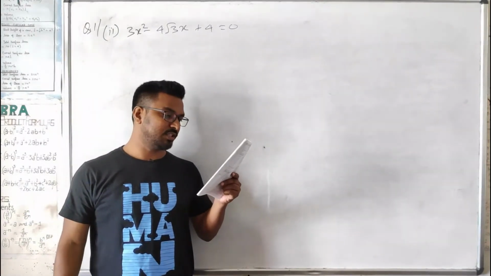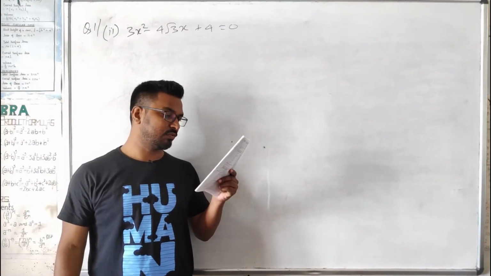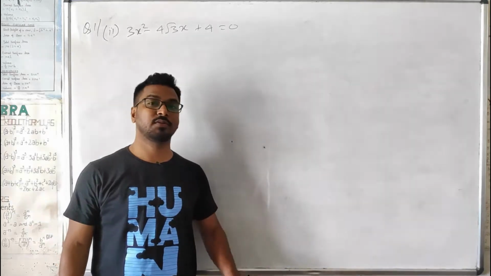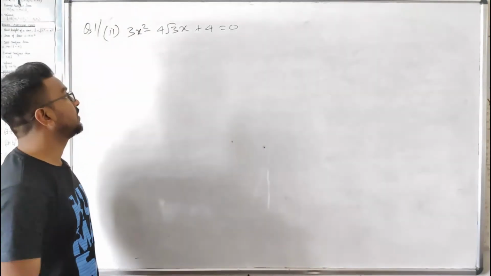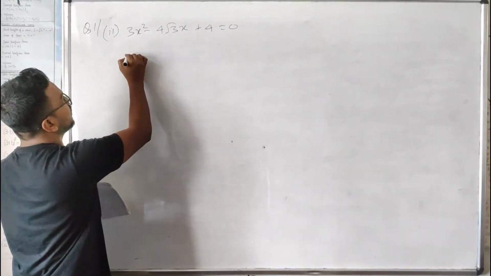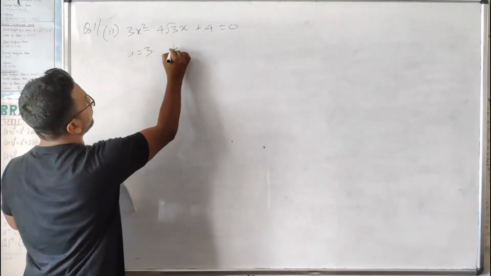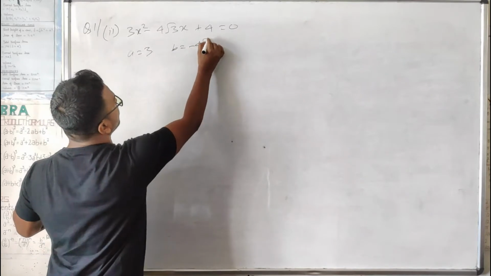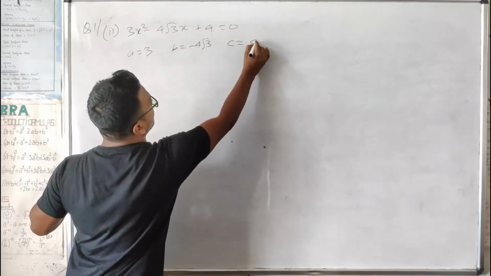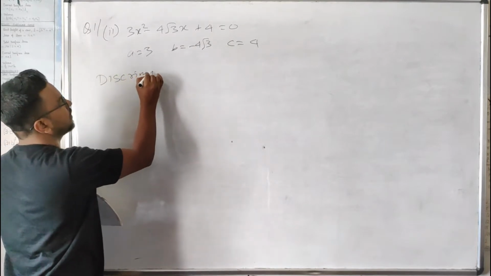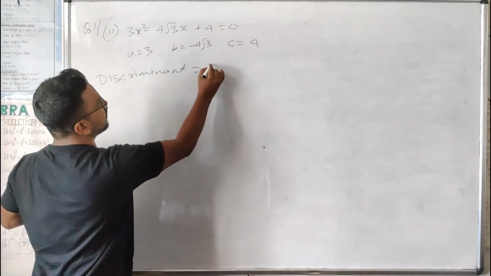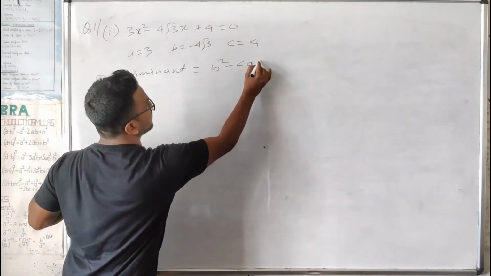Our second question is given: 3x square minus 4 root 3x plus 4 equals to 0. First we have to find the nature of the root. For that we need to know what is a. A is 3, b is minus 4 root 3, and c is plus 4. The discriminant is b square minus 4ac.